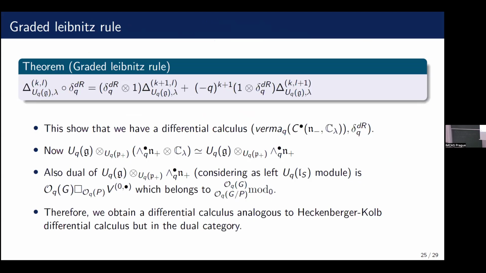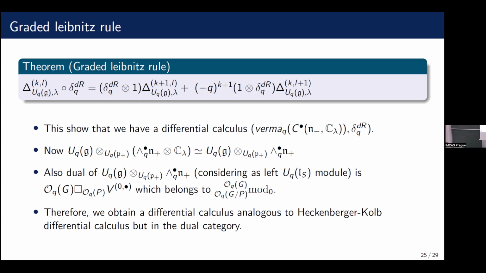Now the interesting part is the second point. Our objects are like this, and it's isomorphic to n plus, the graded Hopf algebra. If you consider it as a UQL module, then you take the dual.